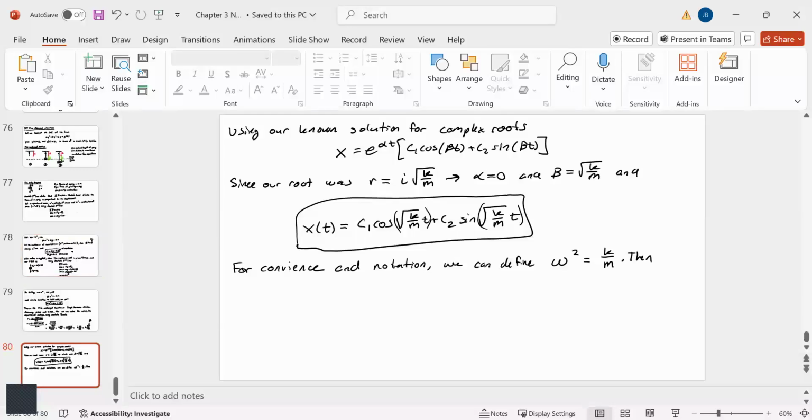Then x, sorry, let's do it over here. mx double dot plus kx equals 0. Well, if I divide the mass over to both sides, x double dot plus k over m x equals 0, then I recognize, oh, I have k over m. I can substitute it with omega squared, x double dot plus omega squared x equals 0. And if I use the quadratic equation, right? So I'm going to do the quadratic equation on this one now.